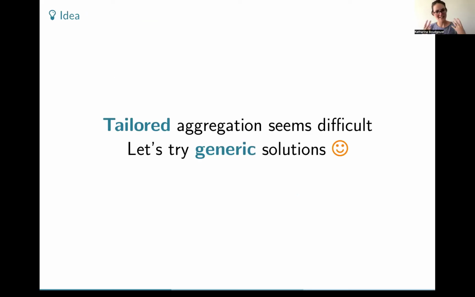And so the next wisdom I share with you: when tailored aggregation seems difficult, then it's always good to first try generic solutions. Generally you would expect generic solutions to be less good, but if it's the only thing you have, then maybe better try this.